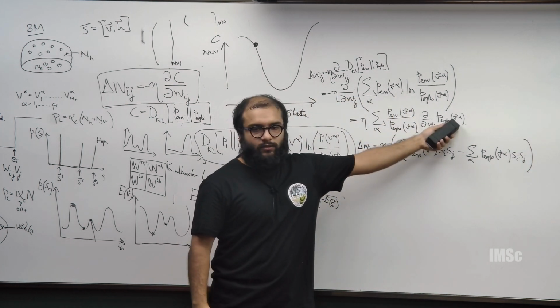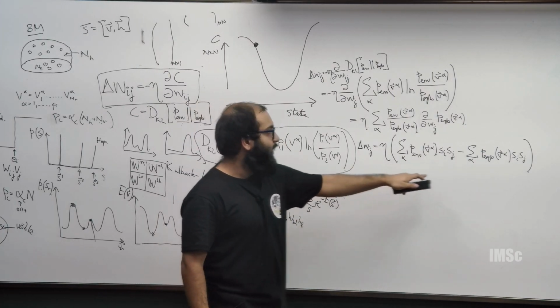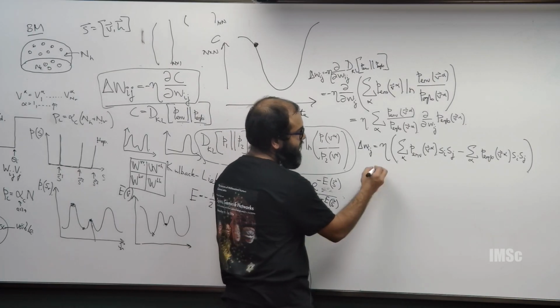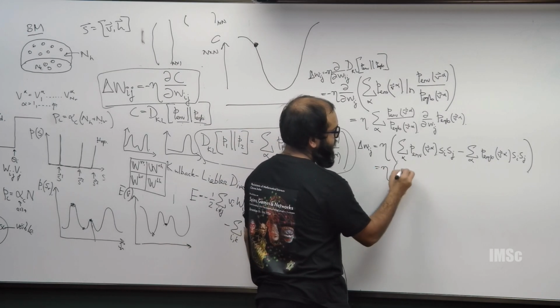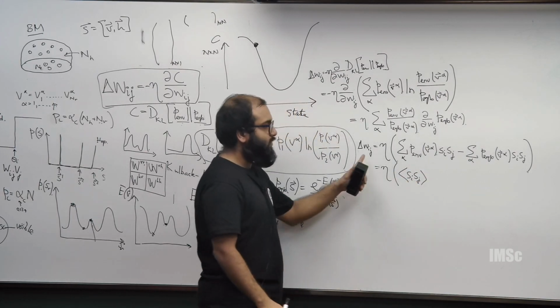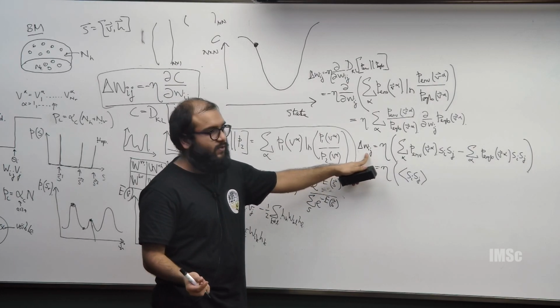If you do this calculation, you will arrive at this. This term is coming from this part, and the next term is coming from the bottom, which is essentially eta of. I shifted to SiSj because delta Wij can be either visible-hidden, visible-visible, or hidden-hidden.